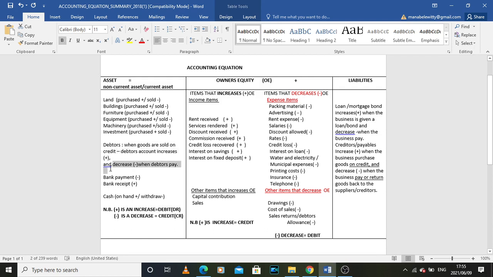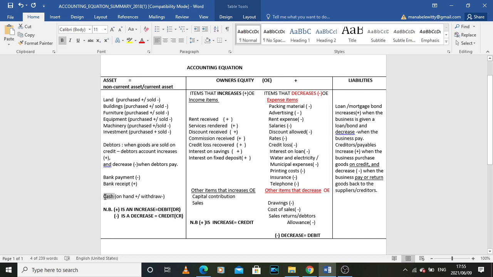And it decreases when they pay. So when they pay, it's a minus sign because it's decreasing the asset account, since they're not going to owe you. Bank payment: each and every time you make a payment, you're decreasing your asset because money is going out from the business. If you receive bank receipts, it's a plus sign, it's increasing the asset account.